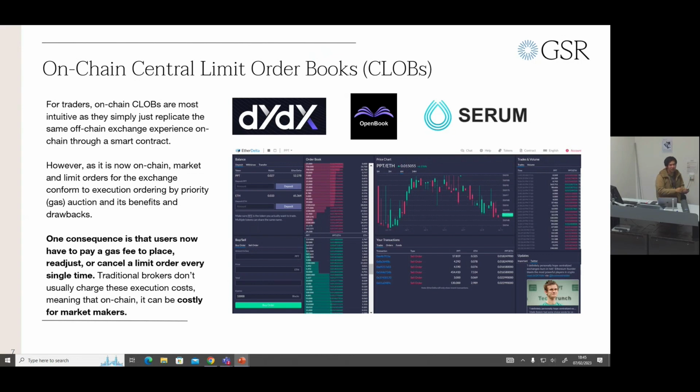The London Stock Exchange's order book is quite immense, with so many different players making limit orders, trying to buy and sell these assets. It's the same concept when it comes to thinking about on-chain.